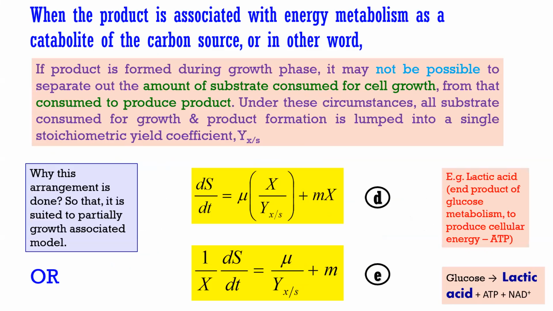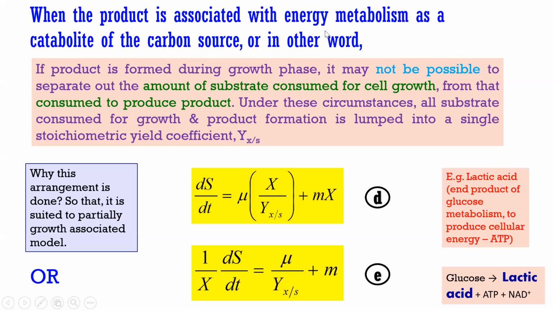No, actually, it's the rate of substrate utilization by the cell. Remember, substrate is being utilized for growth, for maintenance, and for product formation. But now in D, you only see these two, and the product is not included. Why? So this is the story.